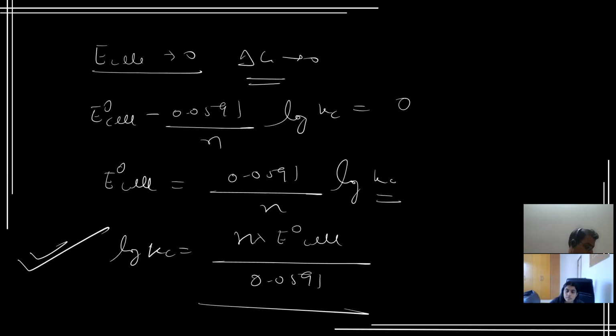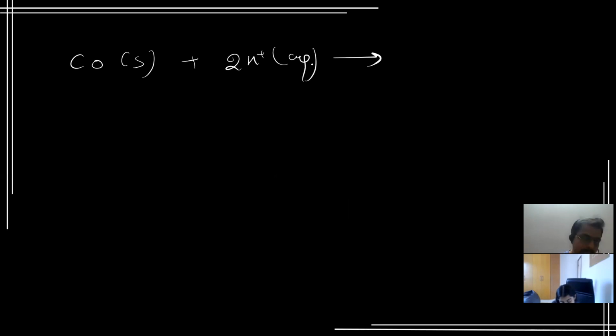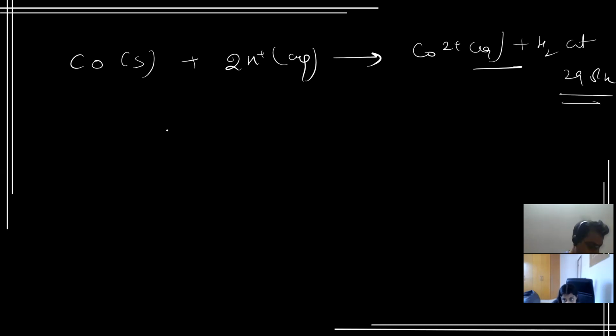Calculate the equilibrium constant. We have a good question like this: cobalt solid plus 2 H plus aqueous undergoes and forms Co2 plus aqueous plus hydrogen at 298 Kelvin. This is known as the water gas.